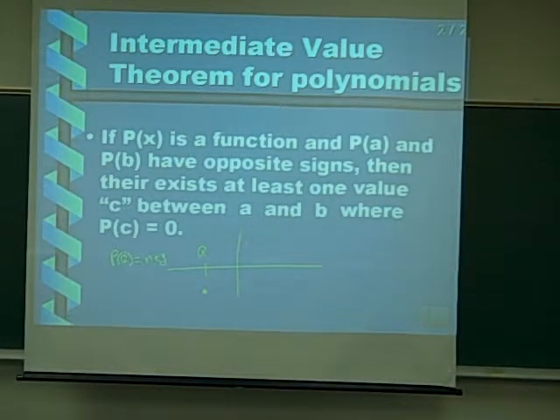And then here we have value B. We put P of B in, and we get a positive number out.